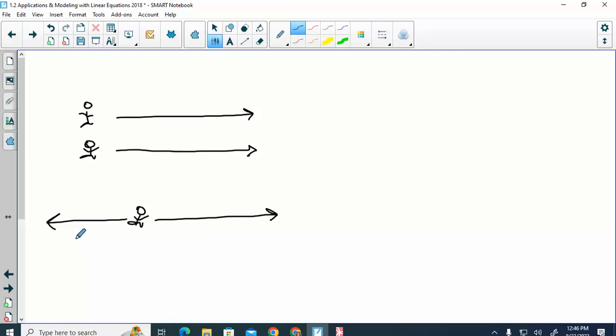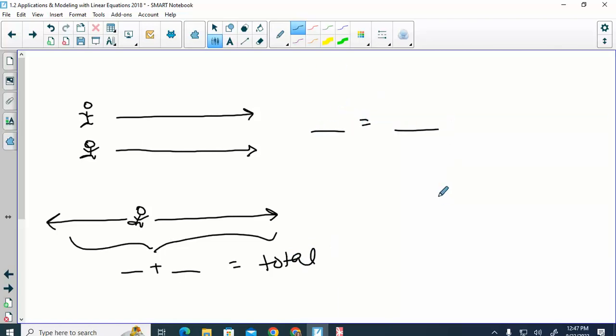Then you would figure out how far one person ran, how far the other ran, and add those to equal the total of 3 miles. If you're just catching up, your distances are equal to one another.